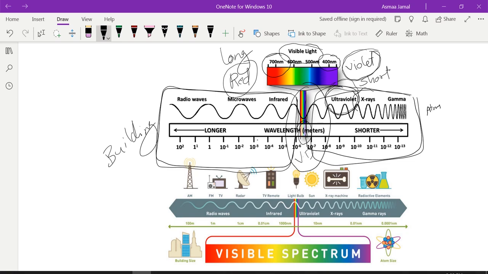The X-ray, I believe you heard that name before, we use it in medicine for imaging. Gamma rays also we use in medicine to kill the cancer cells. The long part of the electromagnetic waves that we cannot see, starting after the red color, is the infrared.